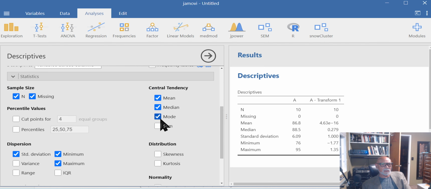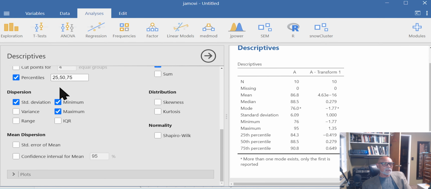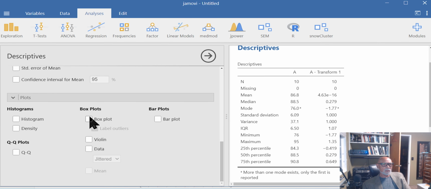I want the median. Look at the mode. We get the percentile, the 25th, the 50th, and the 75th. And the 50th, remember, is always the median. We get the standard deviation and interquartile range, which will be the 75th minus the 25th, that gap in there. And then for our plots, we will take a look at the box plot and the histogram.